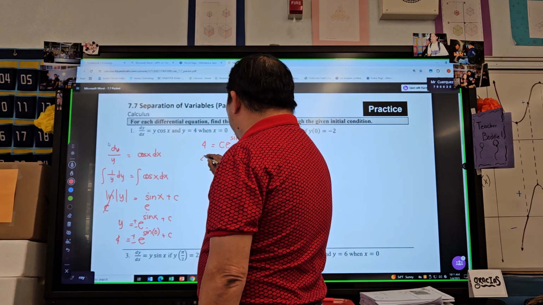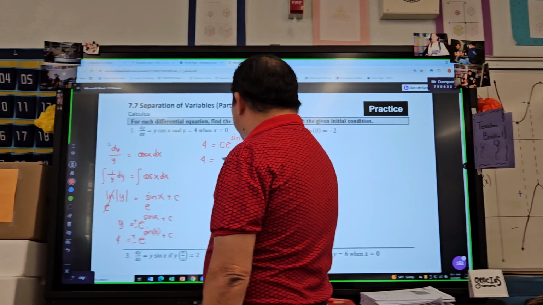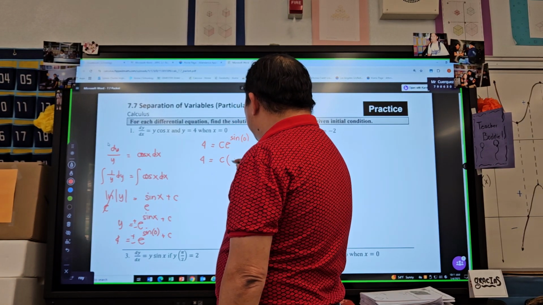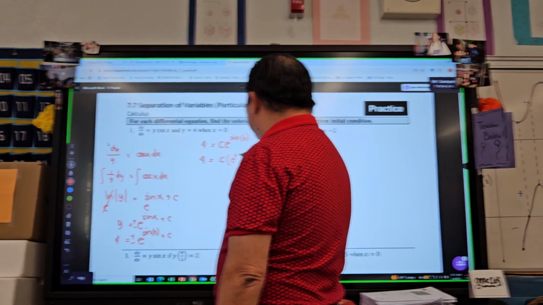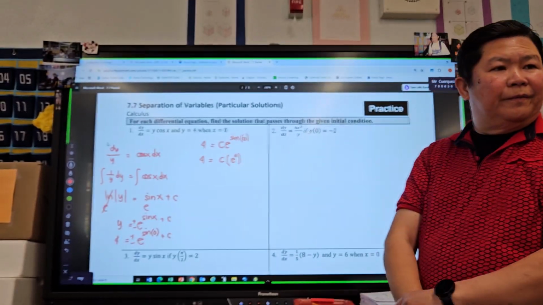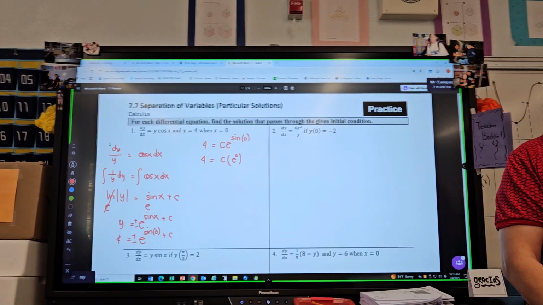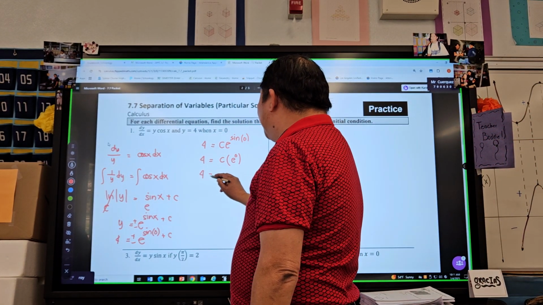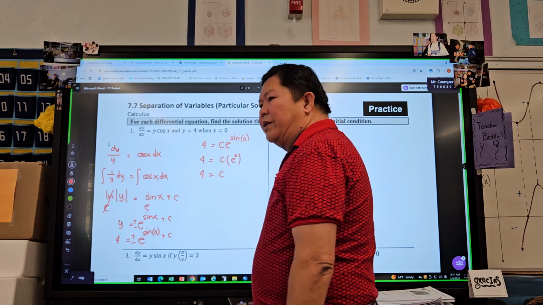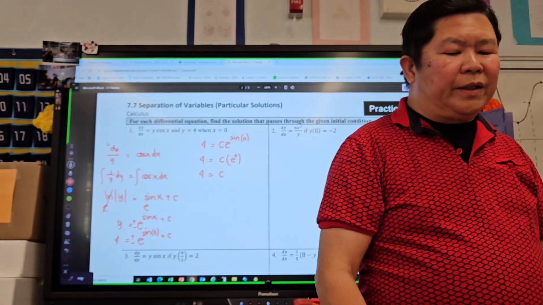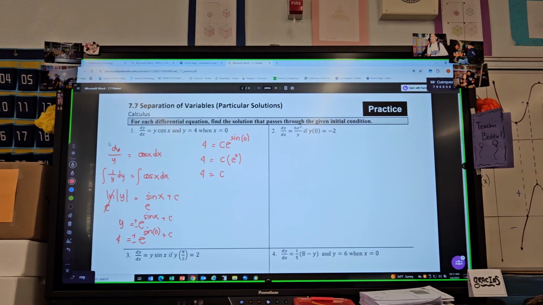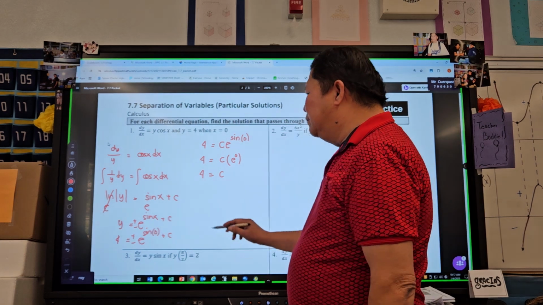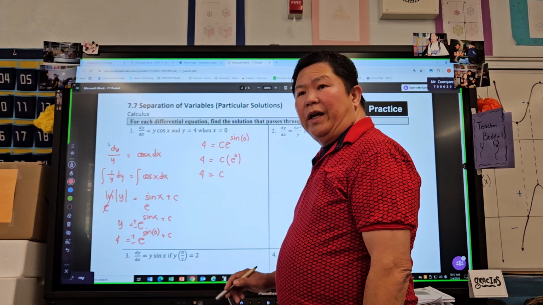So we have 4 is equal to C times e to the power of 0. You get me? But what is e to the power of 0? 1. So therefore, our C is 4. Where to plug in now? From here, right?